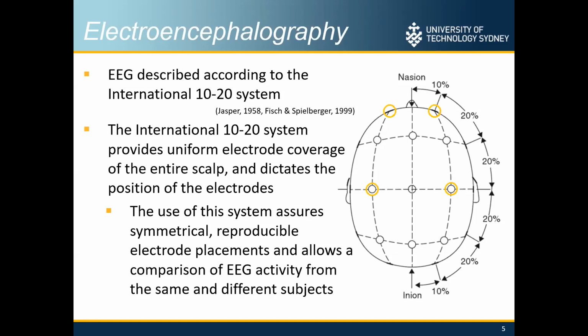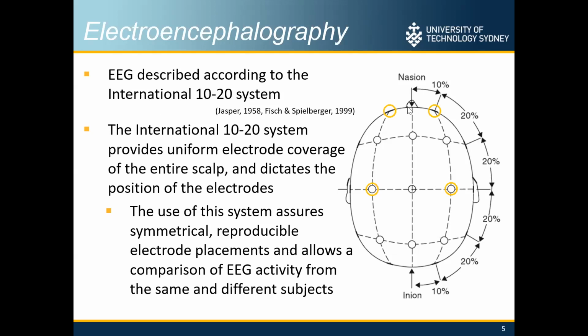Now, just a little bit of trivia for you guys. The reason why it's called the International 10-20 system is because the fractions that you use to measure the distance between one electrode and the next are either 10% or 20%, okay? Hence the International 10-20 system.